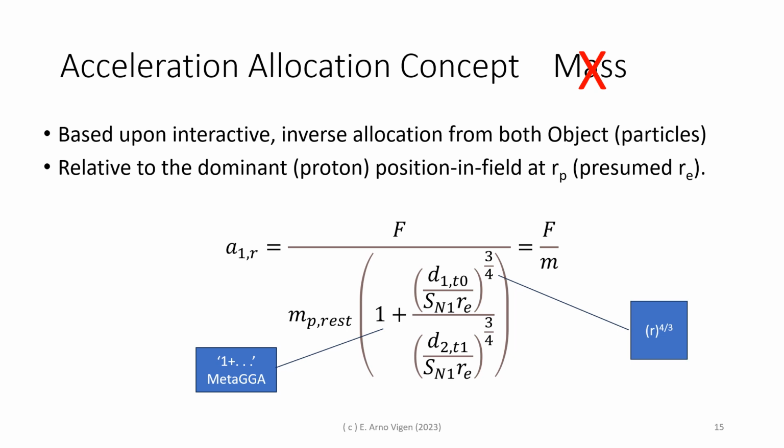Further, you have the 1 plus, and we have a process in density functional theory which applies a gradient, a sort of a gradient, that's what the GGA is, where it's sort of averaging but changing as it changes. So as the distance changes, obviously the position and field is going to change, and so this ratio will change. So you have to do an integral over various distances to get the true result for an operational event set within a subatomic particle.